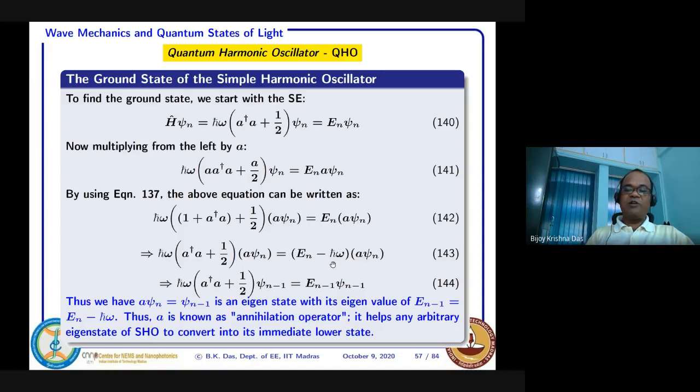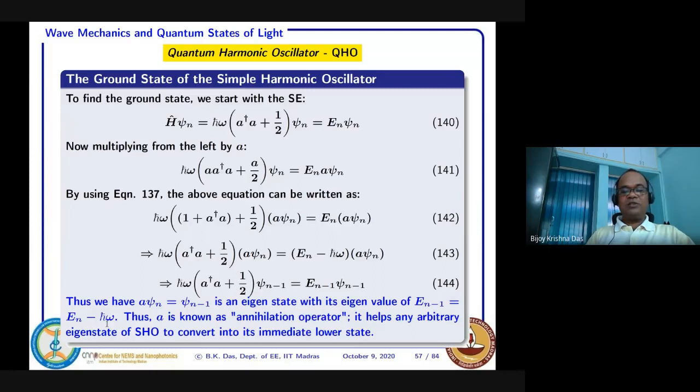Just h cut omega we consider as 1 unit. Then En minus h cut omega is like En minus 1. So now it is a conclusion: A psi n is an eigenstate with the eigenvalue En minus 1, equal to En minus h cut omega.